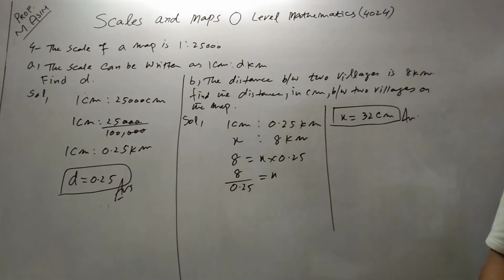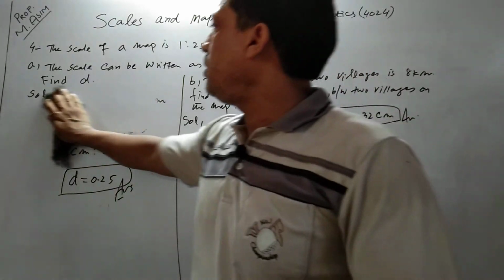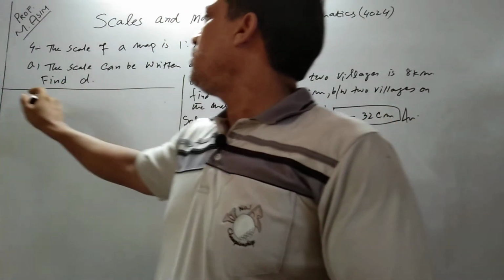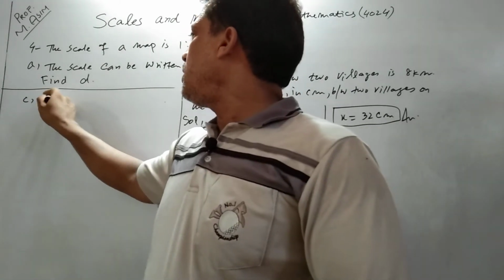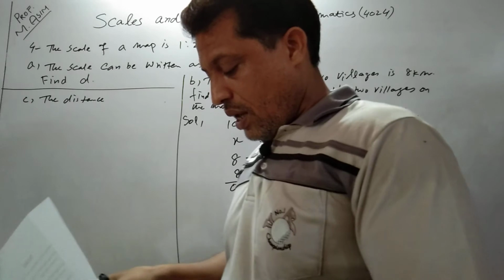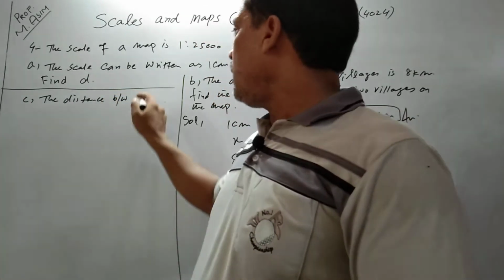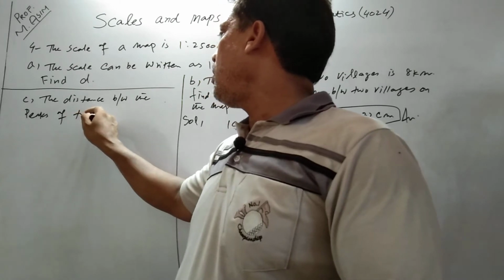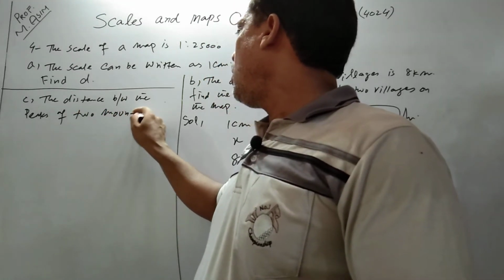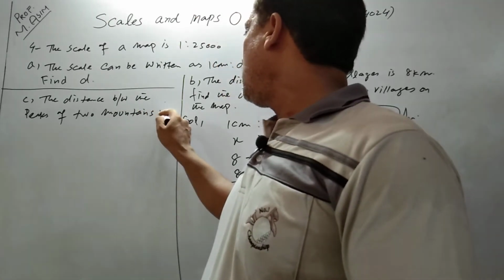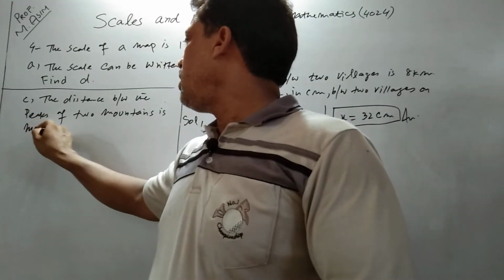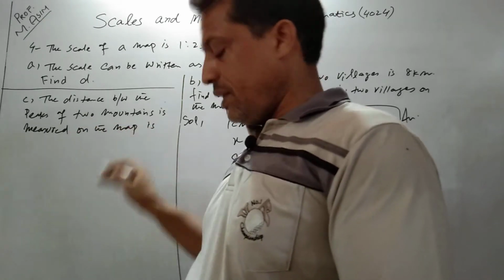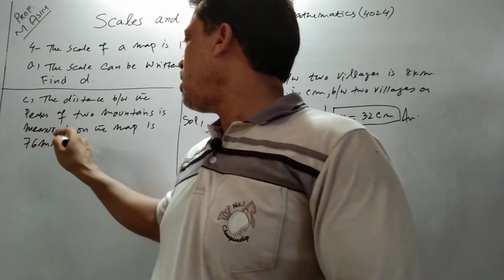Next part, part C. Part C is: the distance between the peaks of two mountains measured on the map is 76 millimeter.